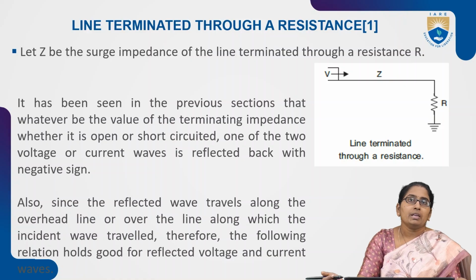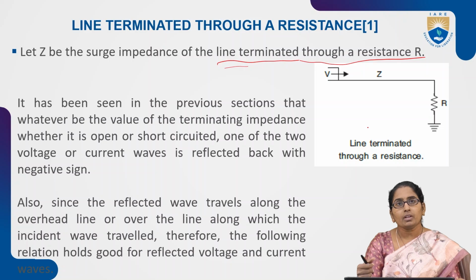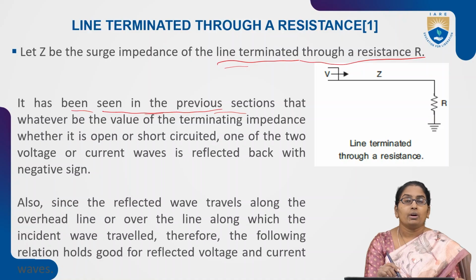Now, the first point mentioned is that the line is terminated through a resistance capital R. In the previous lectures, the last two lectures, we have seen the behavior of the travelling waves when a line is terminated with an open circuit and with a short circuit.